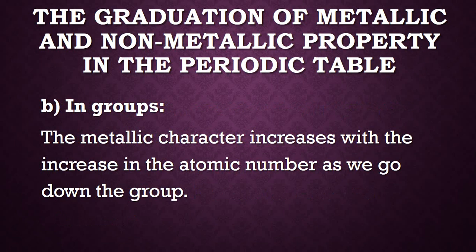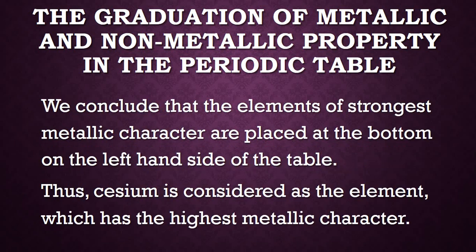While in groups, on descending down a given group, the metallic character increases with the increase in the atomic number as we go down the group. We conclude that the elements of the strongest metallic character are placed at the bottom on the left hand side of the table.